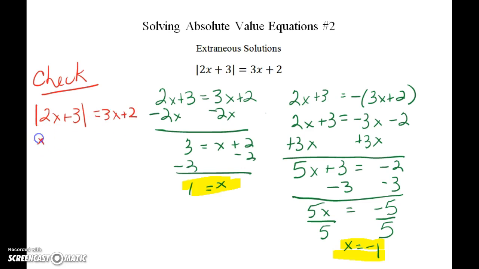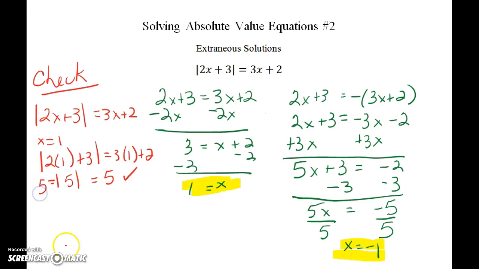I'm going to do x equals 1 first. So the absolute value of 2 times 1 plus 3 equals 3 times 1 plus 2. In this case, I get the absolute value of 5 equals 5. And this is true because the absolute value of 5 is 5. So in that case, we're good. We don't have any problems.